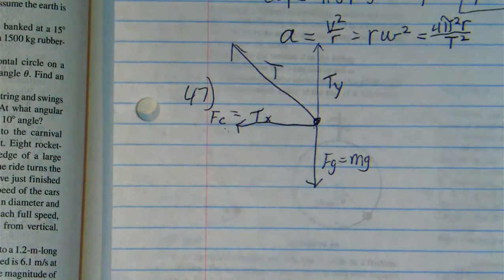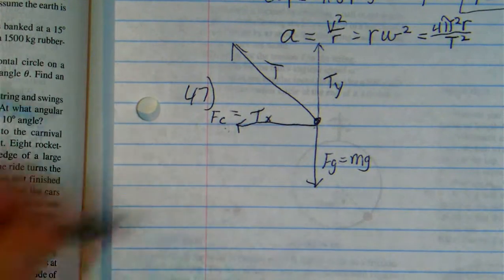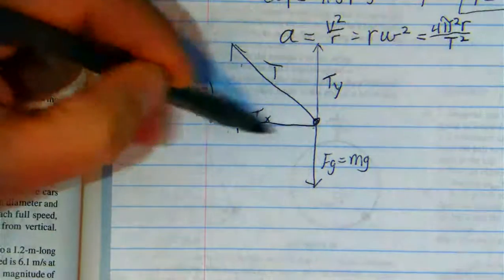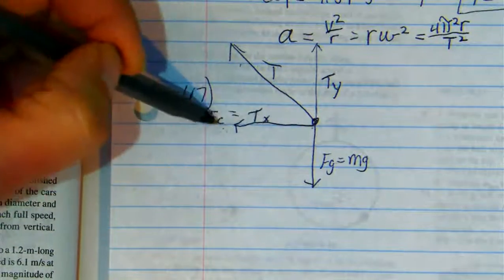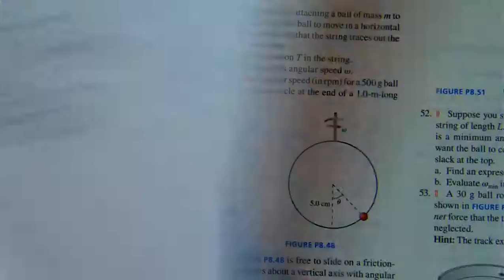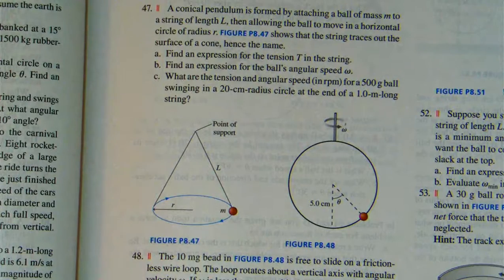So the free body diagram is telling us the story here, right? The net force is the horizontal component of the tension in the string. The numbers that they gave us in this problem is, first of all, part A, find an expression for the tension in the string.